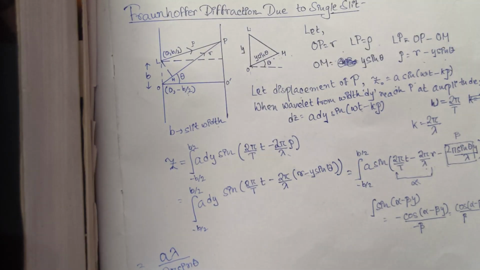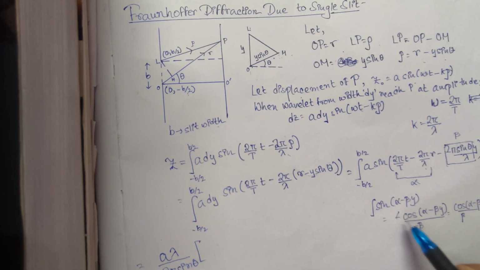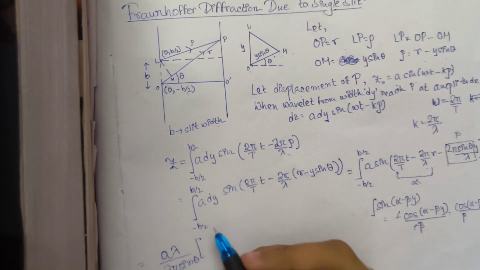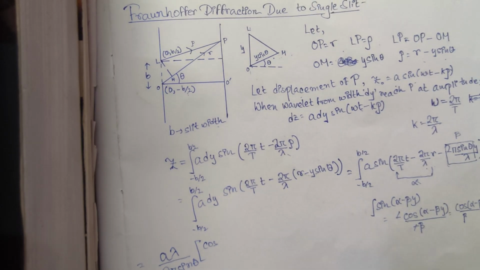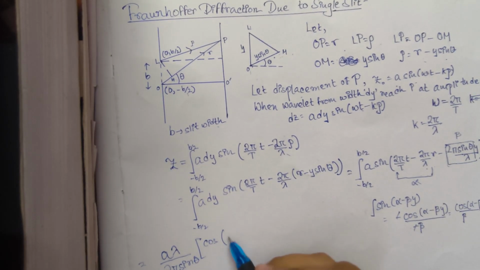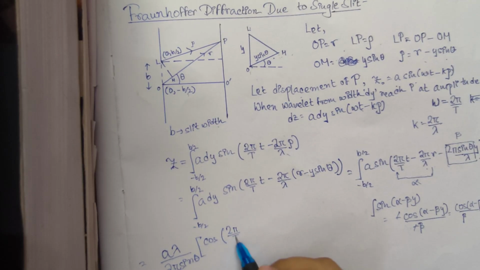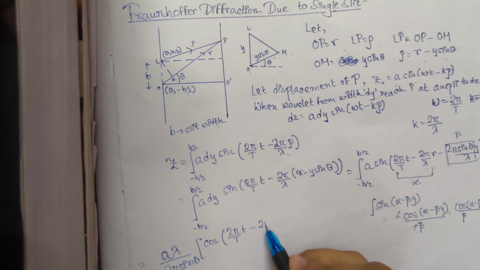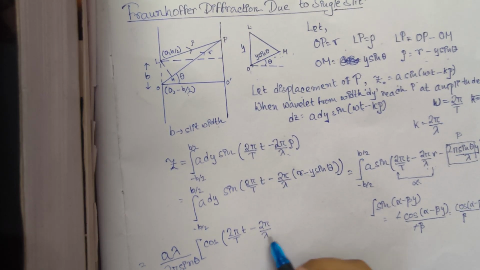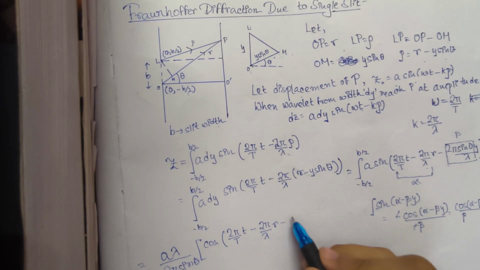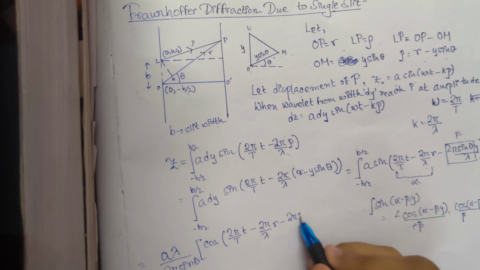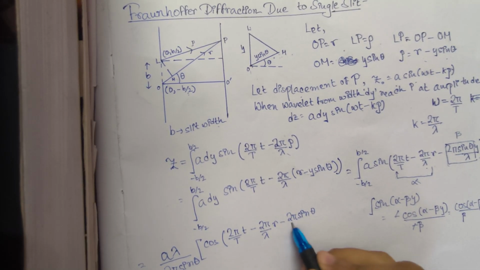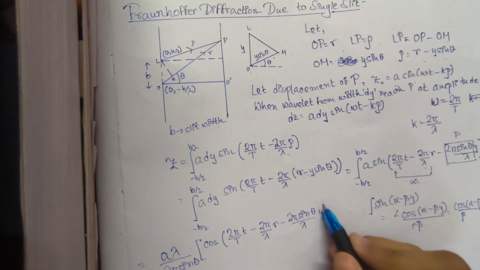Okay, now I will put this overall function. As the minus minus gets cancelled, we can write cos of (2 pi by T into small t minus 2 pi by lambda r minus 2 pi sine theta y by lambda).